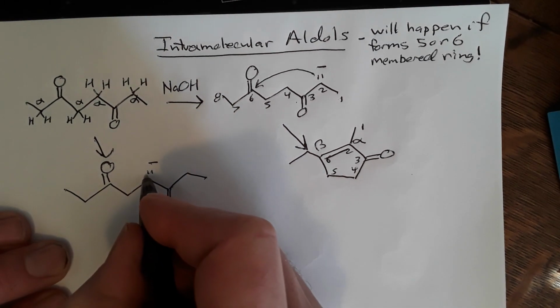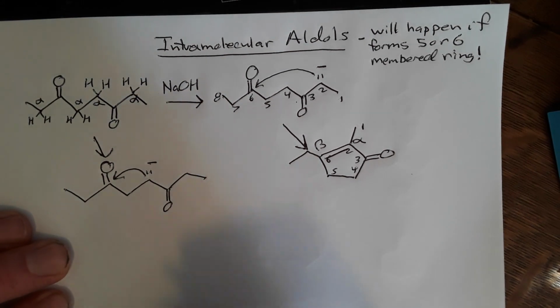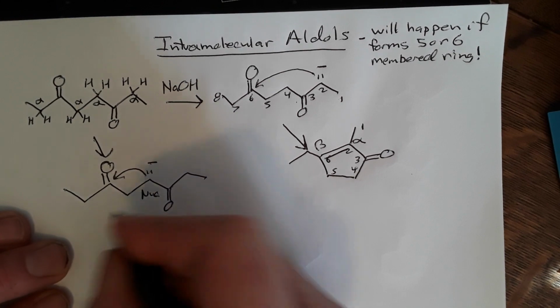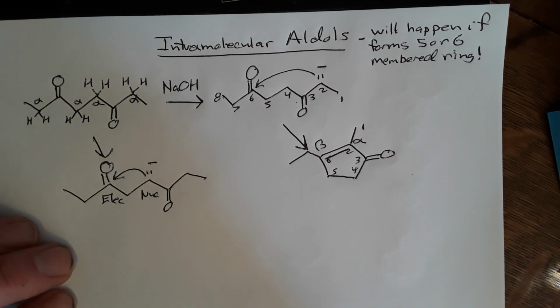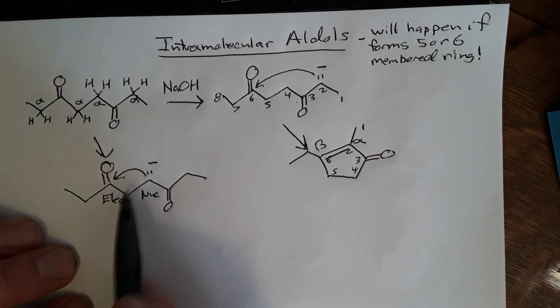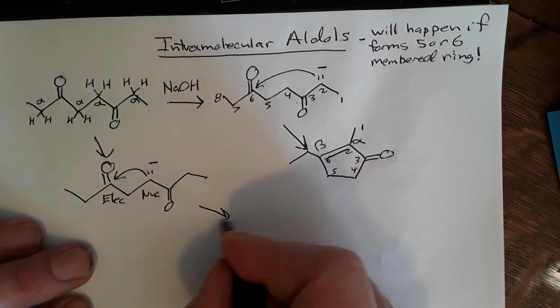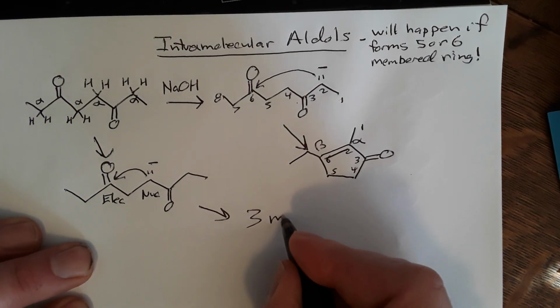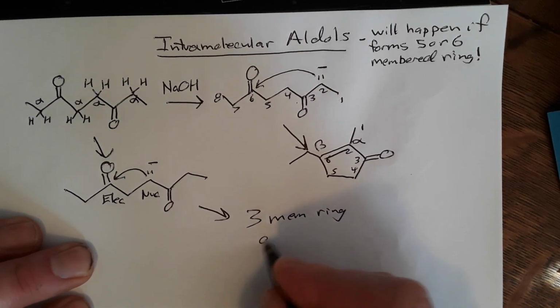If we did that, then it could potentially form a ring here. Here's our nucleophile attacking the electrophile in the same molecule. How many membered ring would it be? 1, 2, 3, a 3-membered ring. So we know that the 3-membered ring doesn't form.